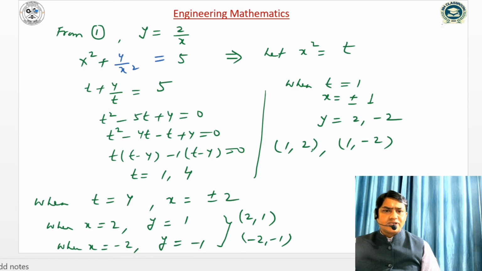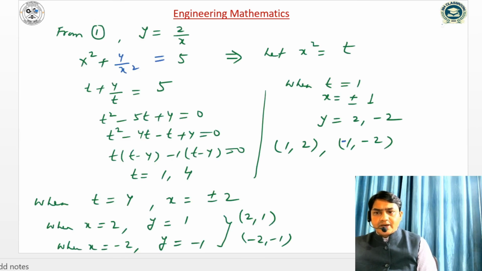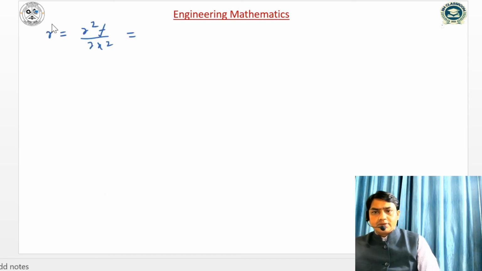Here when x is equal to 1, y is equal to 2. When x is equal to minus 1, y is equal to minus 2. So if I compute the values of R, S, T, the value of R is del 2f by del x square. So what is the value of del 2f by del x square? So del 2f by del x square is 6x.